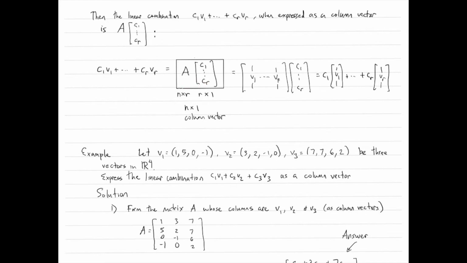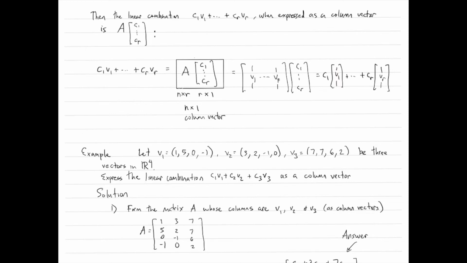Now, when we do this matrix multiplication, here's our matrix A, here's our column vector, then C1, you're multiplying this V1 in each spot. And so if you think about it, that's the same as taking C1 and multiplying the vector V1.